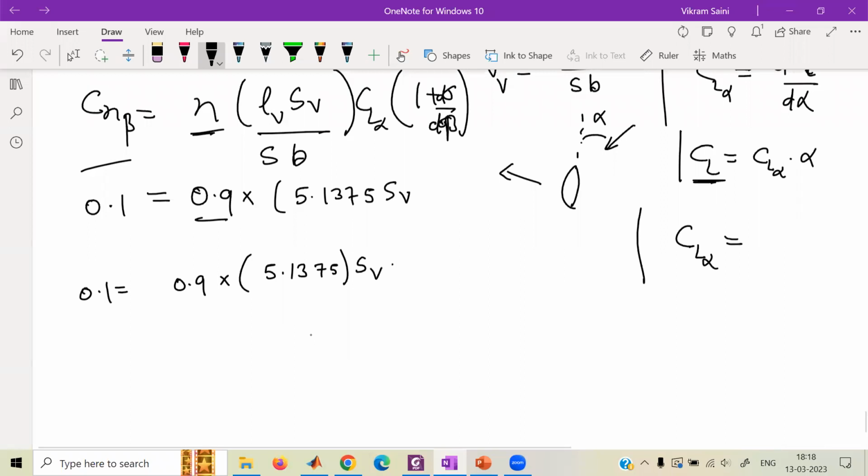Any suggestions from your aerodynamics courses? The only hint we have is that this vertical tail has a symmetric airfoil. Now, what should be CL alpha for a symmetric airfoil theoretically?